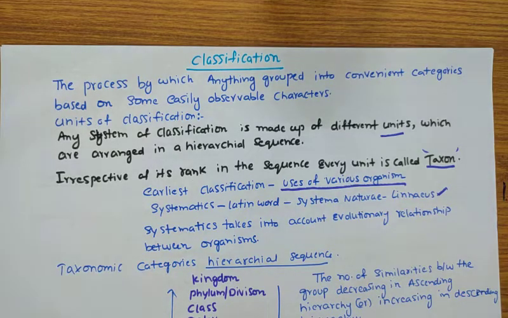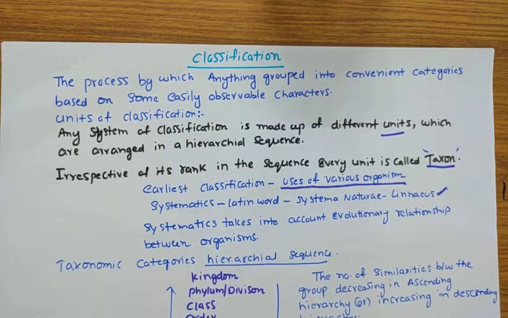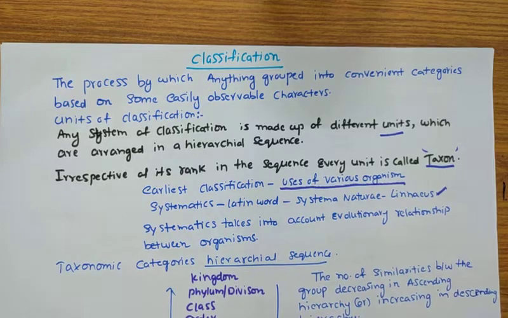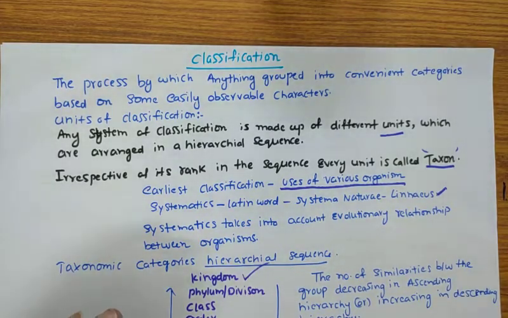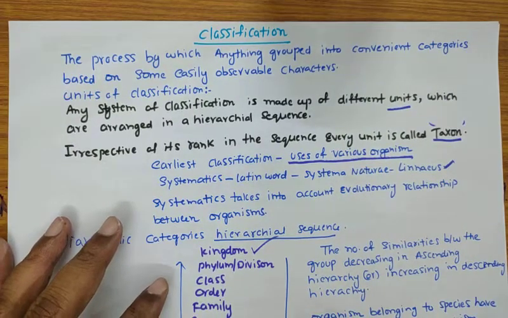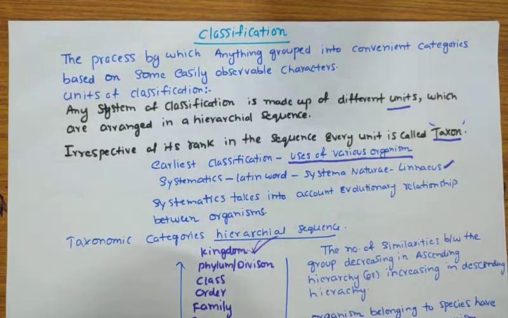Organisms belonging to a species have more similarities than organisms belonging to a kingdom. Very, very important: once again, the organisms belonging to a species have more similarities than organisms belonging to a kingdom.